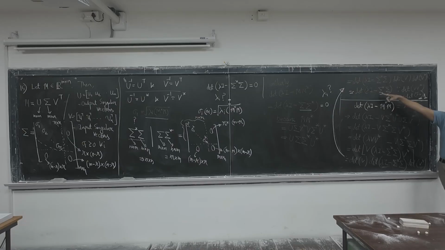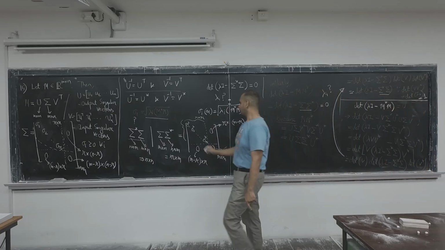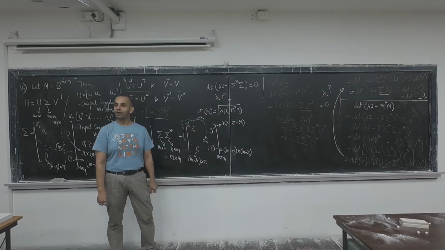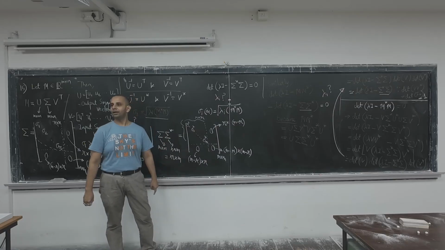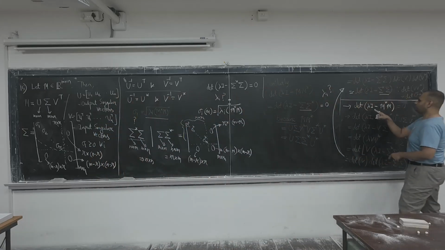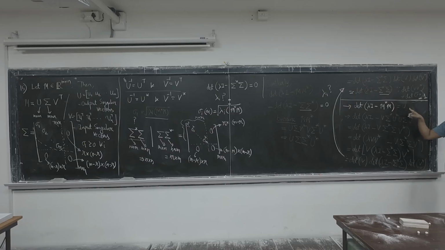And what have we seen? It is a diagonal square matrix whose most of the elements are the square of the singular values, right? So once again, you start from this expression, determinant of lambda I minus M star M equals to 0. Because this is not the starting expression, this is the final expression which we have got. This is the starting expression.